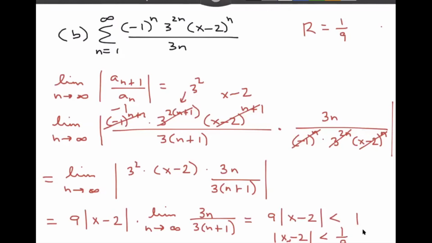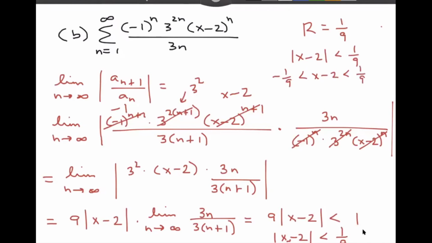So the endpoints of this interval, starting with absolute value x minus 2 is less than 1/9, that means the same thing as x minus 2 is between -1/9 and 1/9.